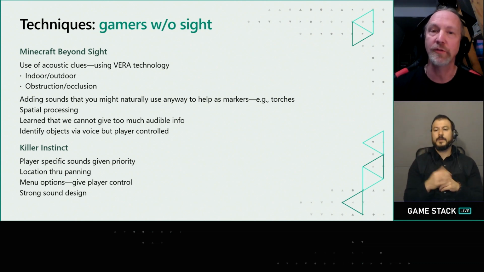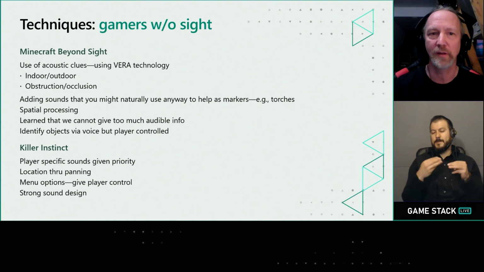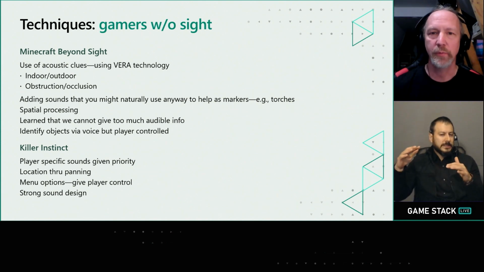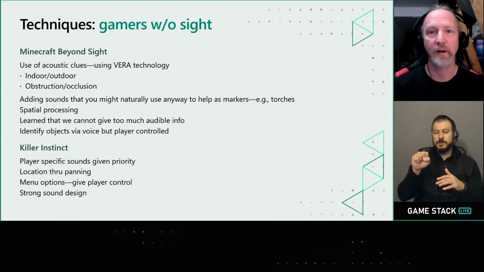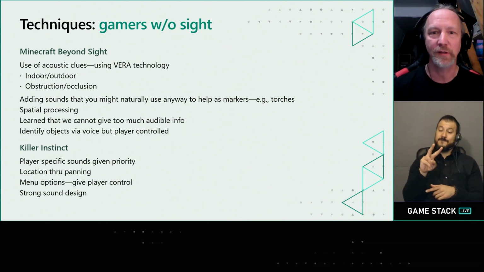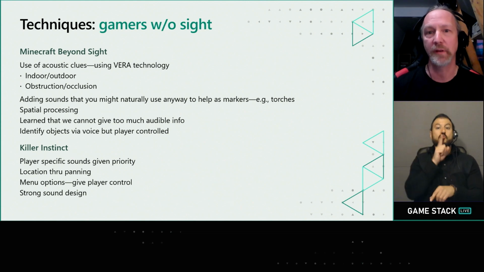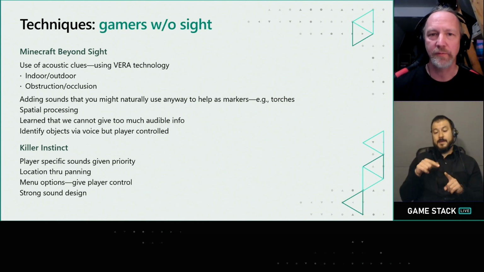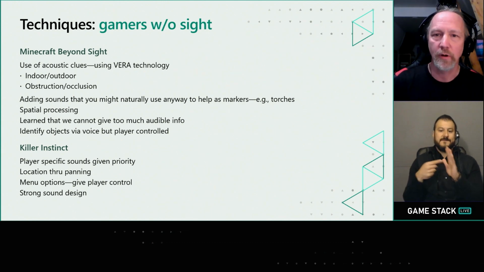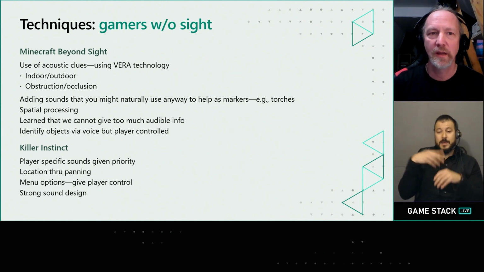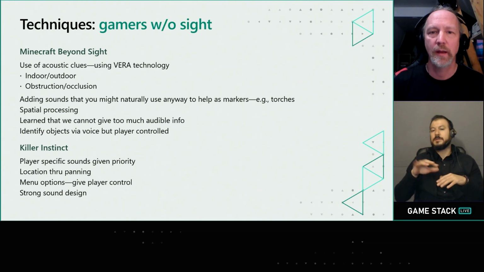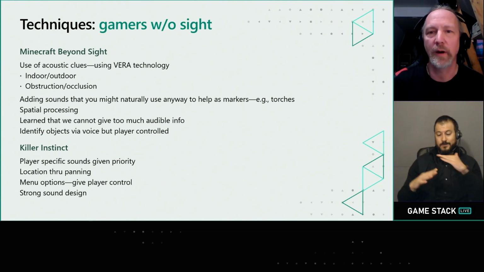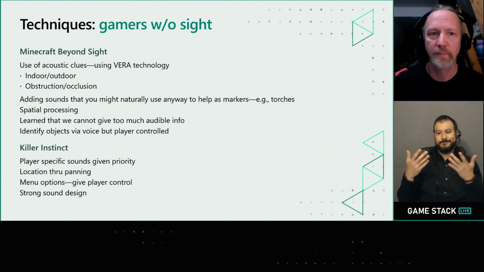One was first the use of acoustic clues in the game. We brought a technology called VERA, which stands for Voxel Engine for Real-Time Acoustics, which was born out of the Advanced Technology Group. It allowed us to give indications of indoor and outdoor spaces, as well as be able to tell if a sound is obstructed or occluded by the world.